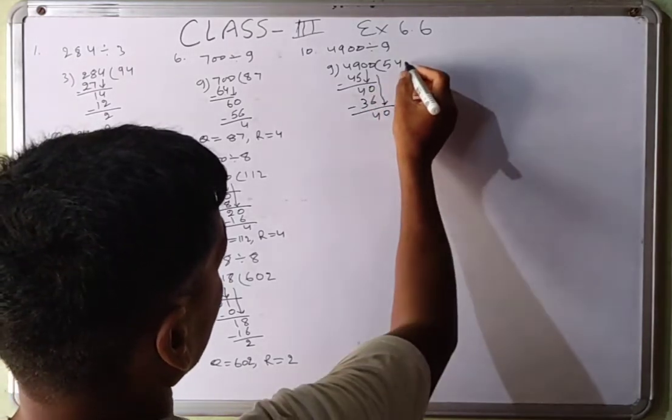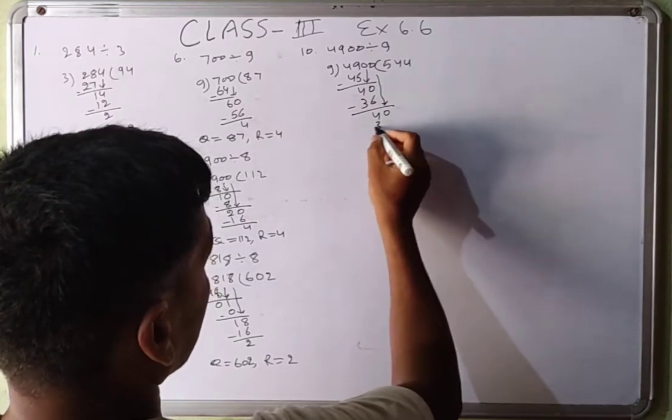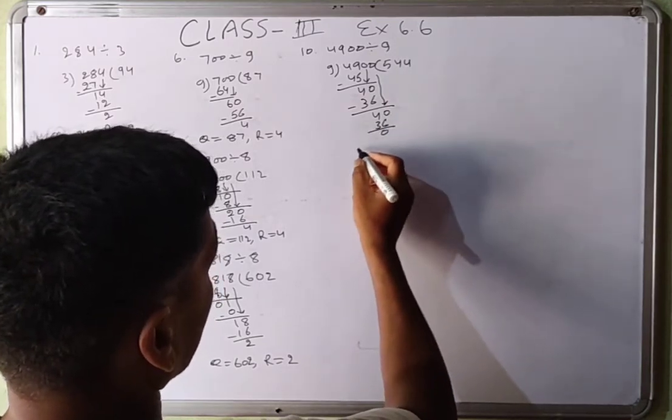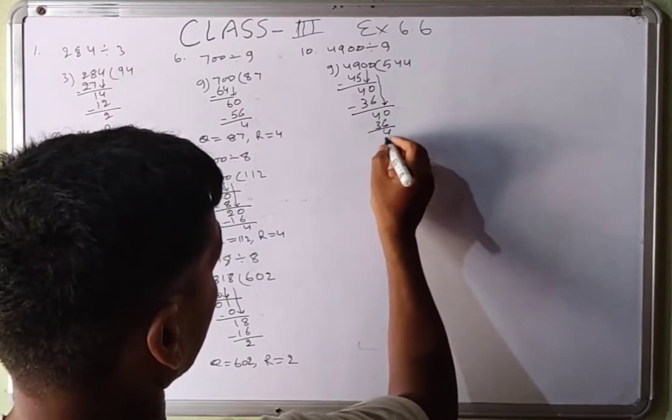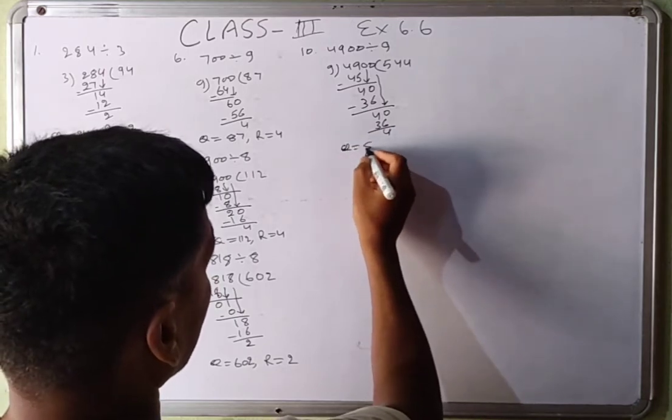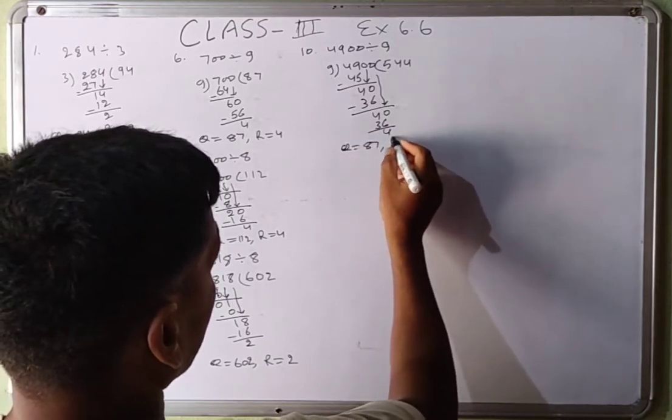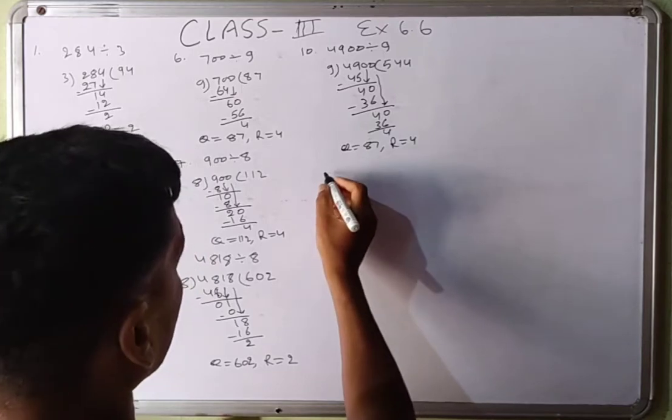Then 0, 9 fours are 36, so that the remainder is 4. So the quotient is equal to 544, the remainder is equal to 4.